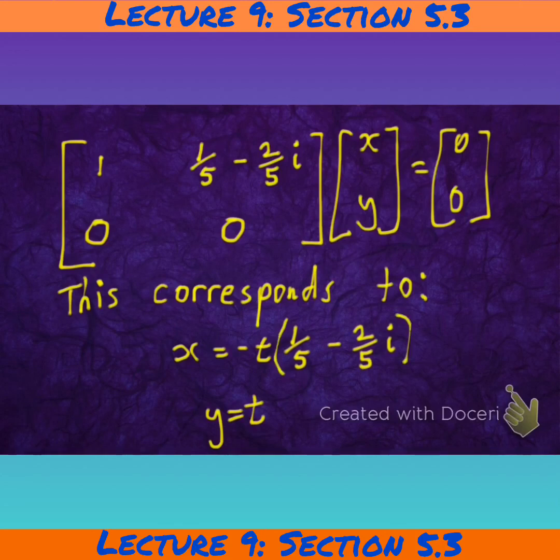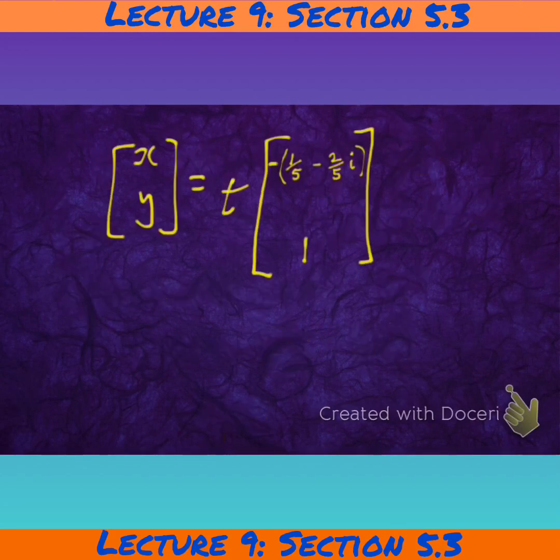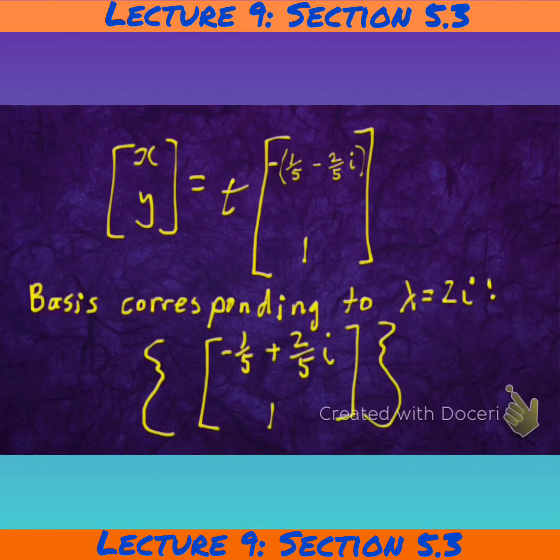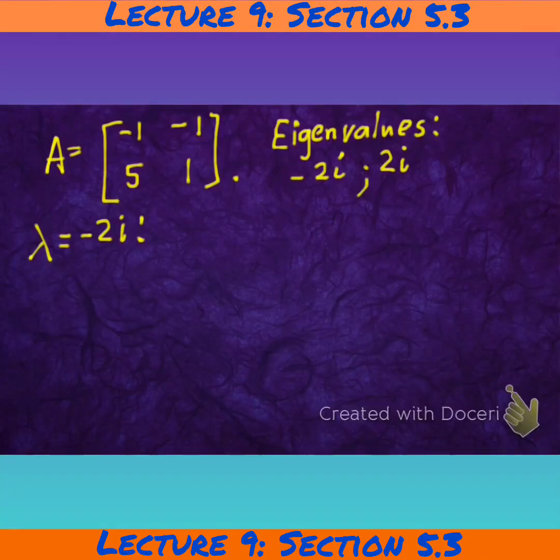So my vector becomes this, and so the basis for the eigenspace corresponding to the particular eigenvalue is, there we've got our basis. So now, taking the matrix A, we have calculated the eigenvalues as minus 2i and 2i respectively.